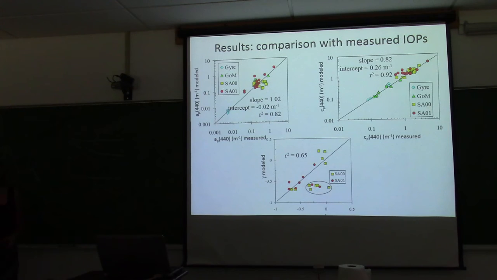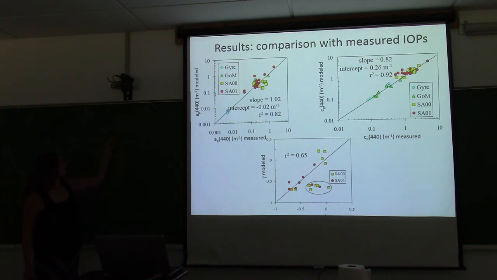Particle size slope. So by estimating the slope of the beam attenuation, that gives you gamma, which is related linearly to the particle size distribution. Would you like to know that from space? Yes, please.